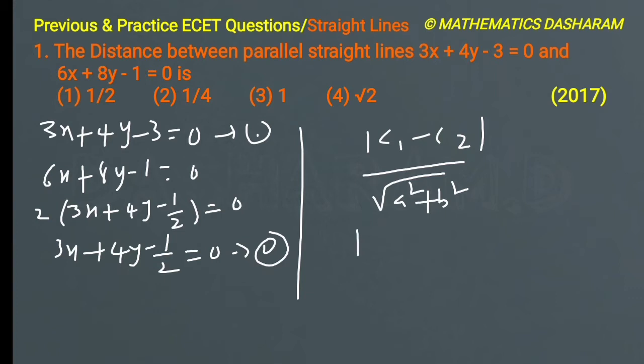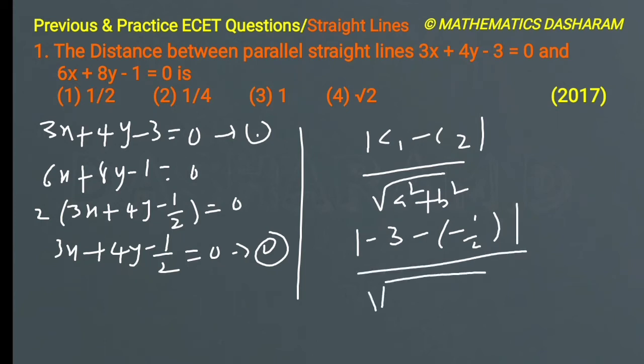So c1 is the constant number in the first equation, minus 3, minus c2, the constant number in the second equation, minus of minus 1 by 2, divided by the square root of (a square plus b square). That means x coefficient, 3 square, plus y coefficient, 4 square.